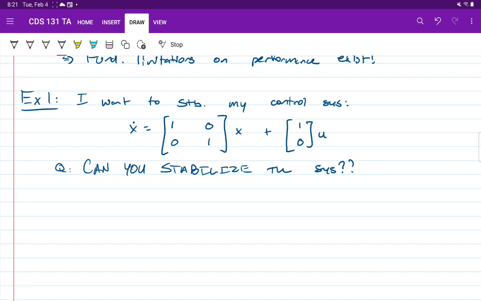I'll assume you've given this some thought, and the answer you arrived at is no. We only have the input appearing in the x1 component of the system.